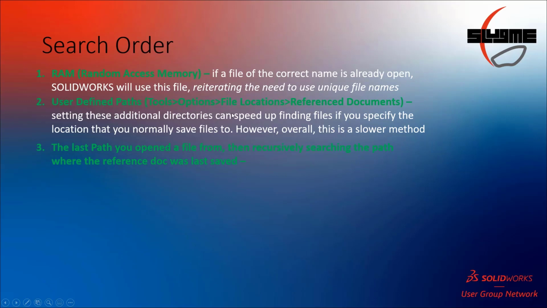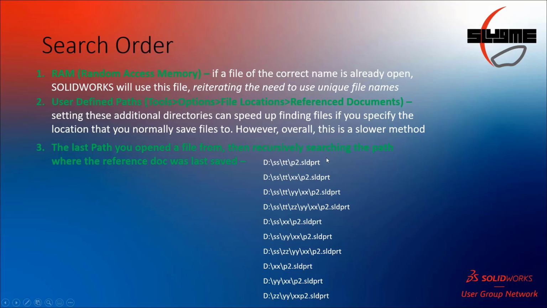The third is the last path you opened a file from, and then recursively searching the path where the reference document was last saved. It's a lot of words. The best we could figure out it means is, say you opened your part 2 or P2 file from SSTT, and then you saved it in X, Y, and Z. It's going to try to merge those together in particular orders to see if it can come up with and find your files.